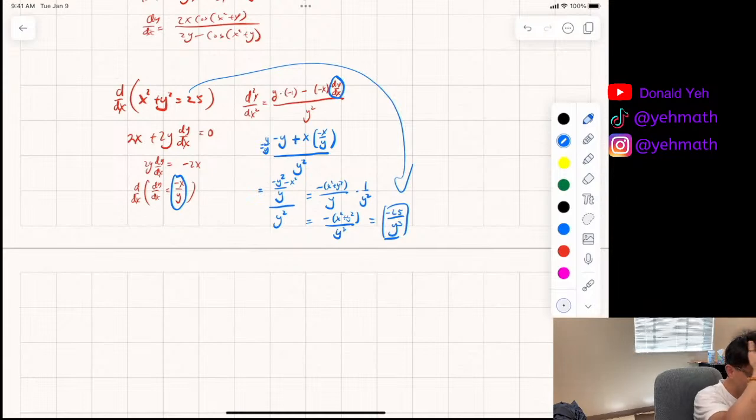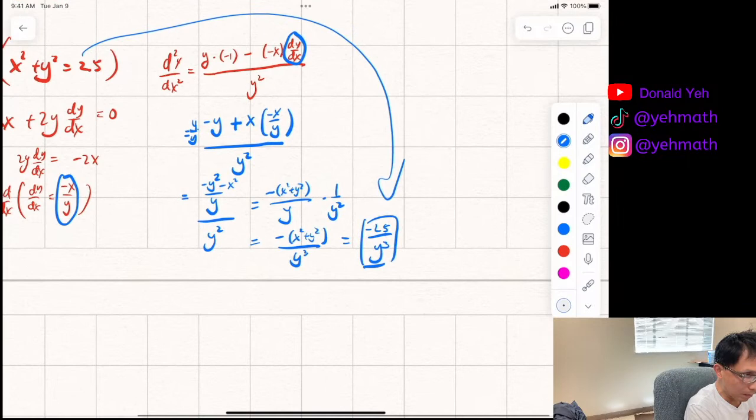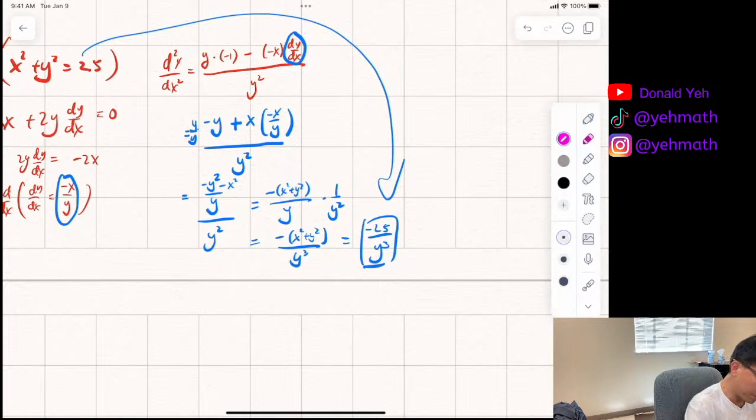Hopefully it's easier this year. Do you see this dy/dx right here? You can use this dy/dx to plug in. So this one is going to replace this negative x over y. Does that make sense?